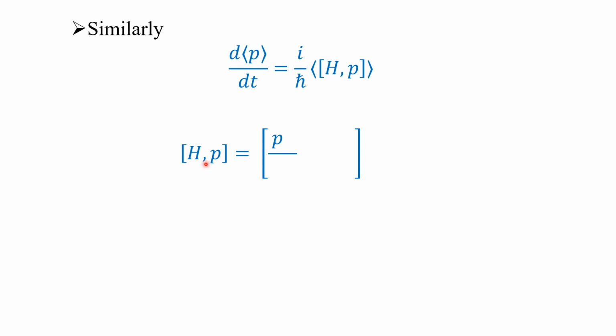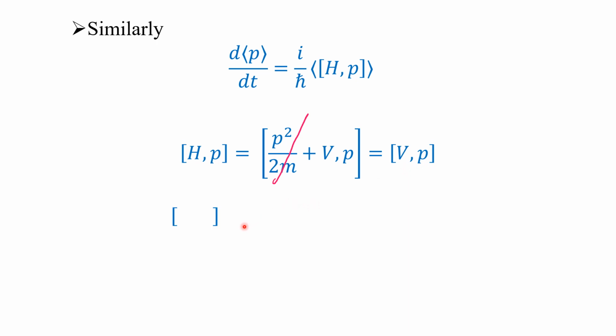H can be written as p squared over 2m plus V, with the commutator with p. Here, p and p will commute, so that term is cancelled, and you will get the commutator between V and p.